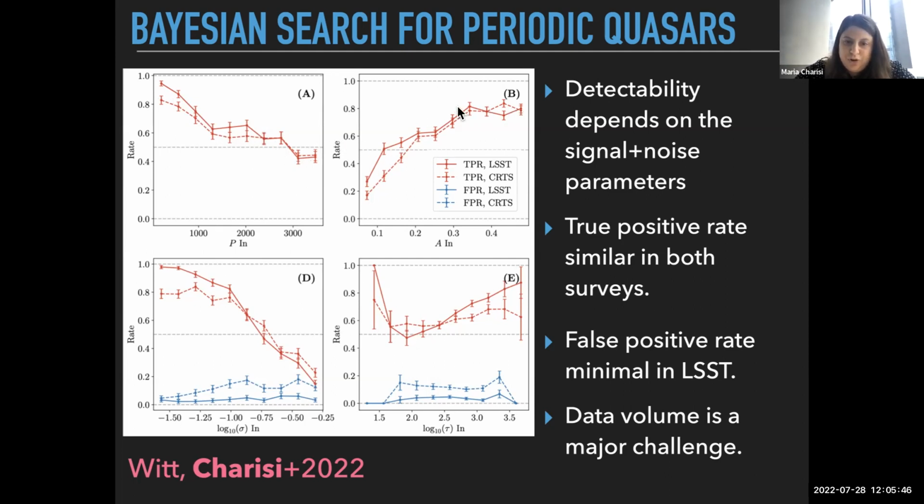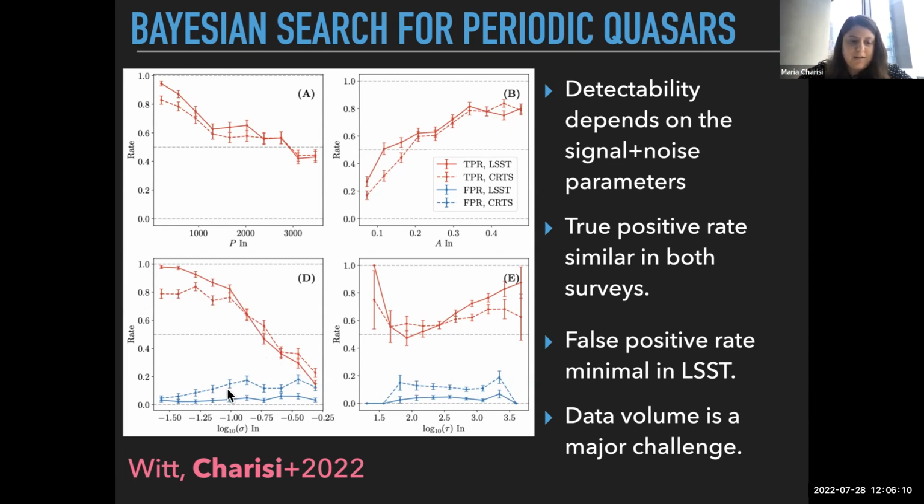Similarly, when we have strong signals with a high amplitude, again, it's easy to distinguish them from the noise. It becomes harder when the amplitude of the signal is small. And again, the noise plays a very important role. When we have significant contribution from the damped random walk, we cannot find the signals.